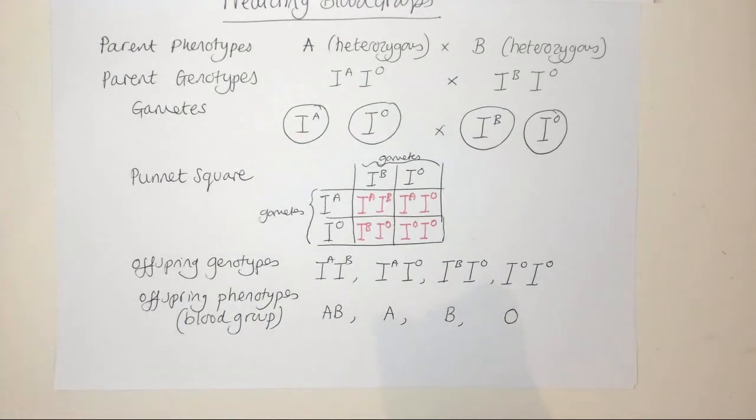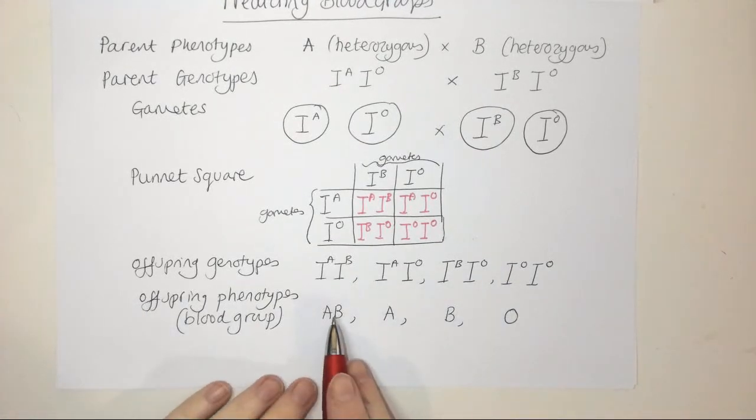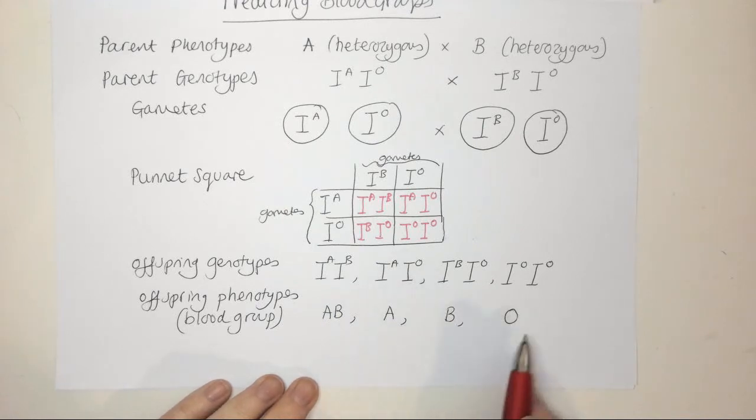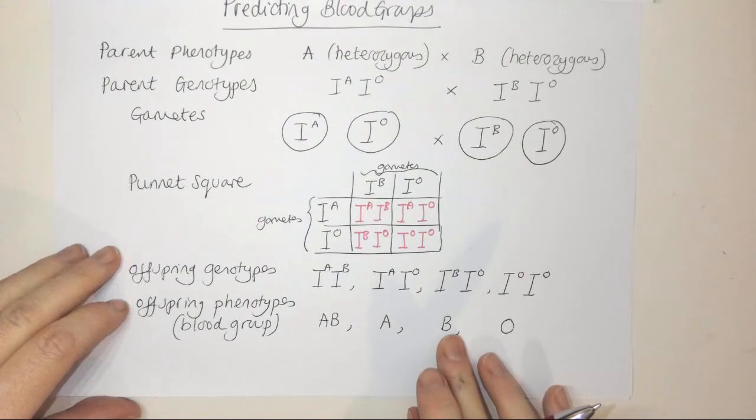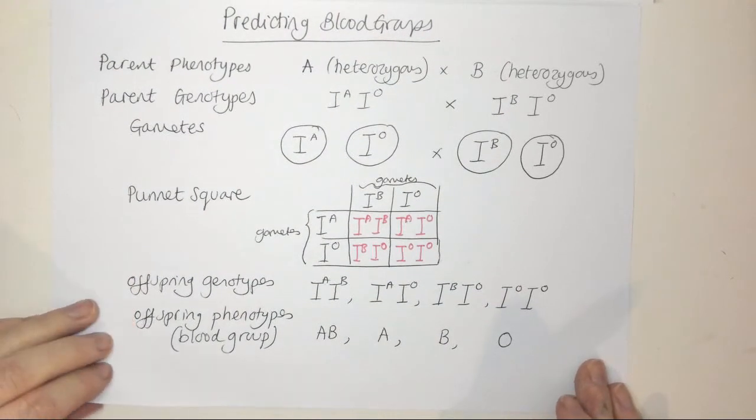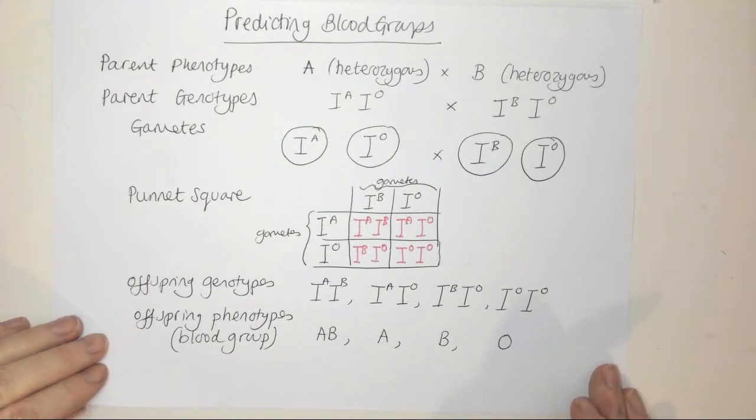So in this example, we have one of each. We have 25% AB, 25% A, 25% B, and 25% O. I'll do one more example on that, just so that you are confident with how to work these out.